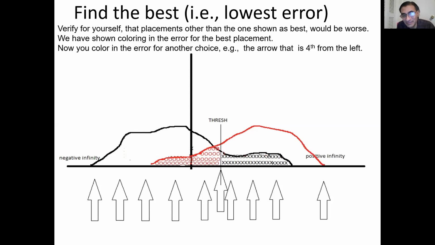But if my curves lay on top of each other, it means that my classes, of faces and non-faces, or whatever two classes I'm looking at, are so messed up that I get equal numbers of times a certain convolution answer for one class and equal numbers of times for the other class, and I have no separation. And that's a hopeless situation, okay? But generally speaking, as long as I have some separation between the two humps, I'll be able to minimize this thing, right?